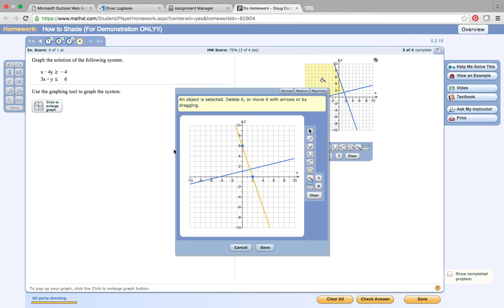All right. So the first line, I'm thinking above, so I'm looking at all this area up here. This line, I'm looking to the left, so I'm looking at all this area over here. It looks like to me that this region right here is going to be the shaded area.